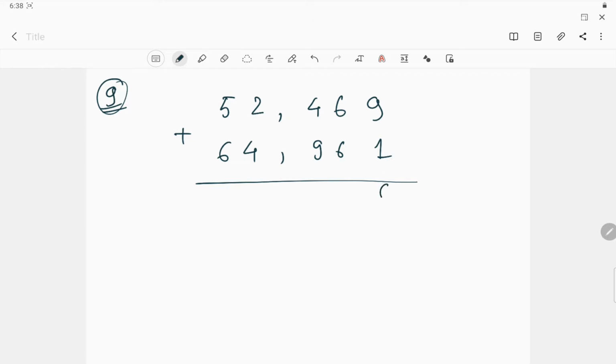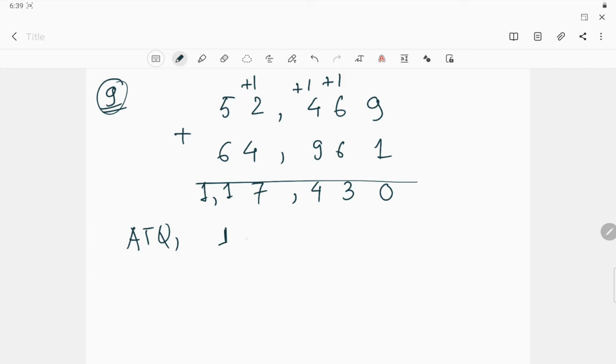So 9 plus 1 is 10, carry 1, 6 plus 6 is 12, 12 plus 1 is 13, again carry 1, so 9 plus 4 is 13, 13 plus 1 is 14, again carry 1, 4 plus 2 is 6, and 6 plus 1 is 7, and 6 plus 5 is 11. So 1,17,430. So according to the question, subtract 28,909, right?